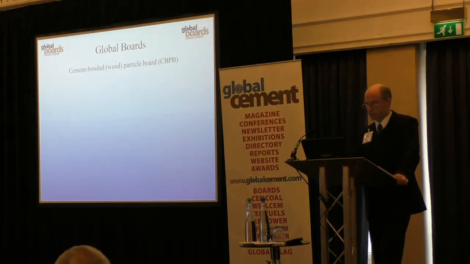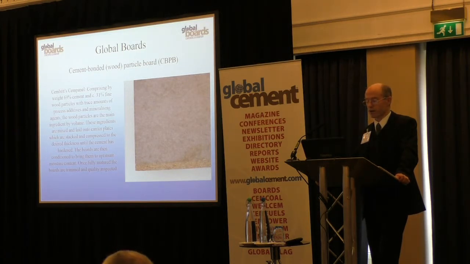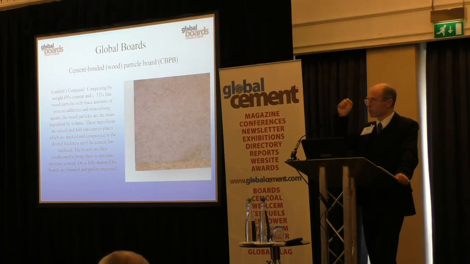Next one that I want to look at is cement-bonded wood particle boards. Often you'll see these known as particle boards, but they are cement-bonded. And as an example, here's Sembrit's Sem-Panel board. It comprises by weight 69% cement and 31% fine wood particles. So these are particles or clasts rather than strands per se.